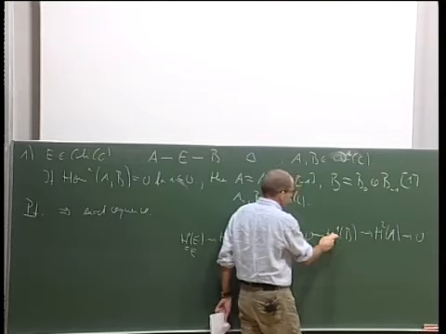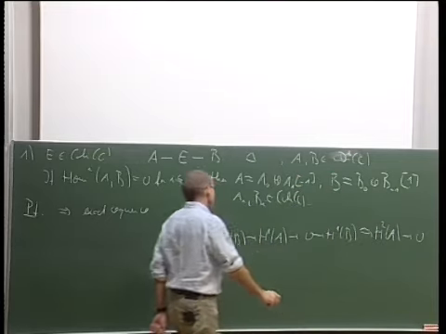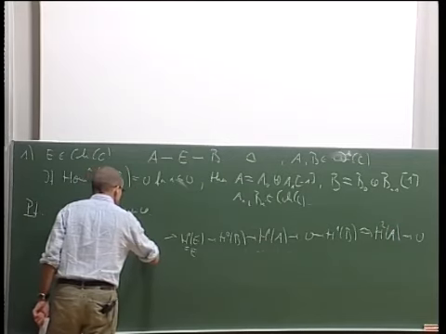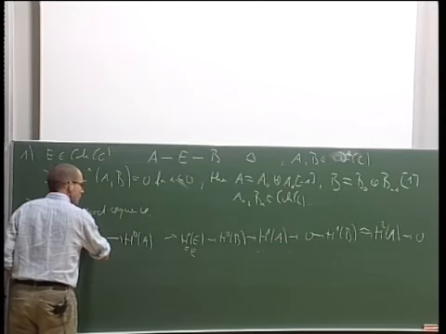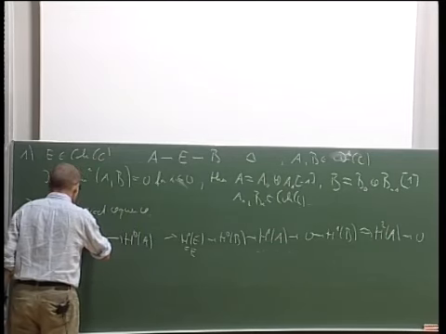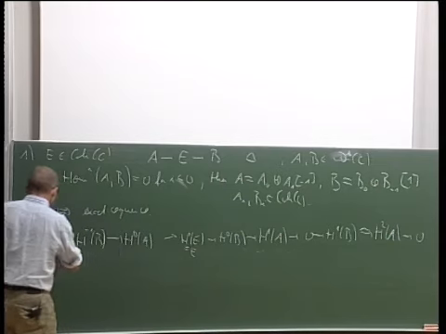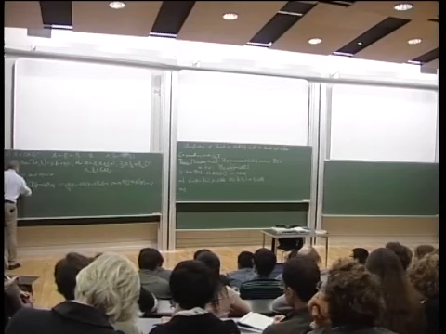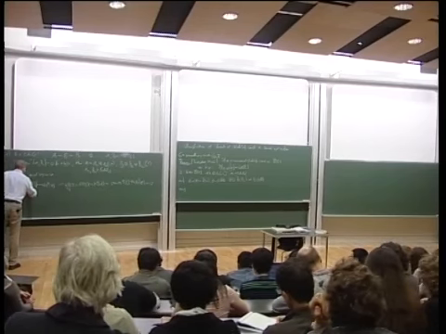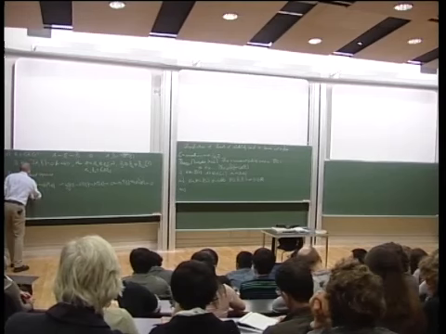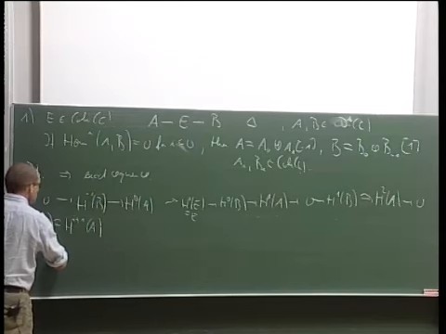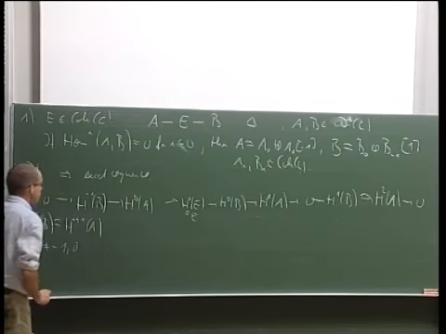And that means H1 of B is isomorphic to H2 of A. And if I continue in this direction, then H minus 1 of B. Then there comes 0 here. And after this, I have again Hi of B is isomorphic to Hi plus 1 of A for all i that are not minus 1 and 0.